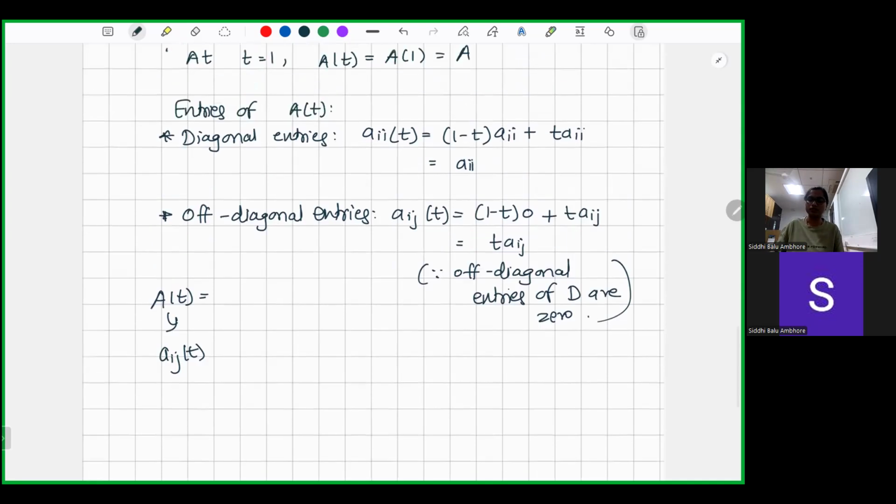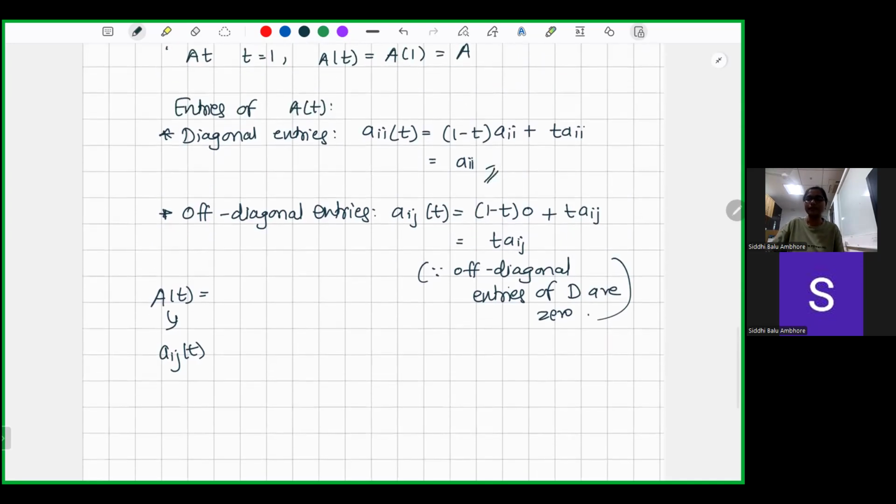For diagonal entries, a_ii(t) is just the constant a_ii. And for off diagonal entries, it is t a_ij. So it is again a continuous polynomial at the off diagonal entry.